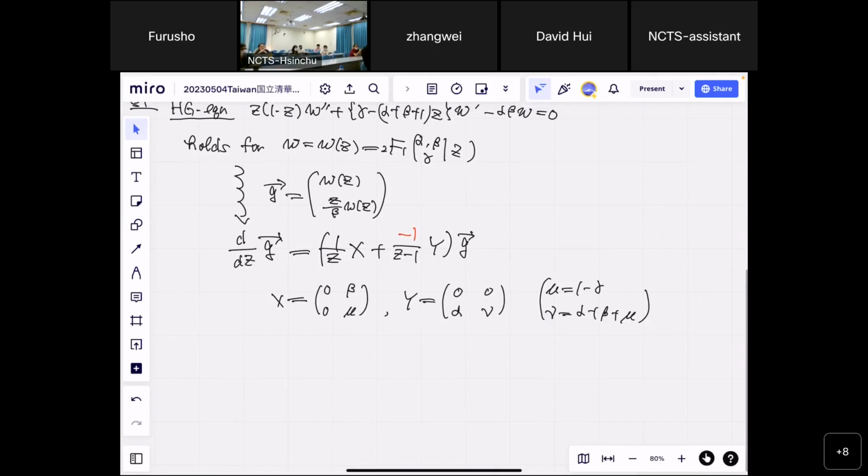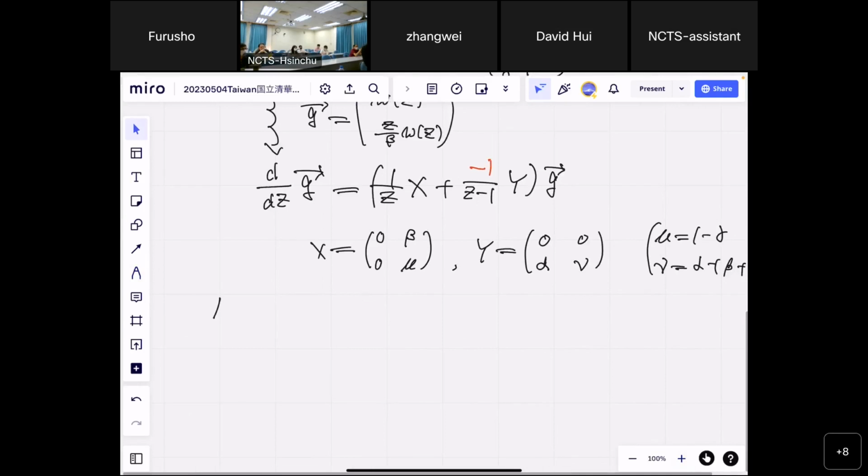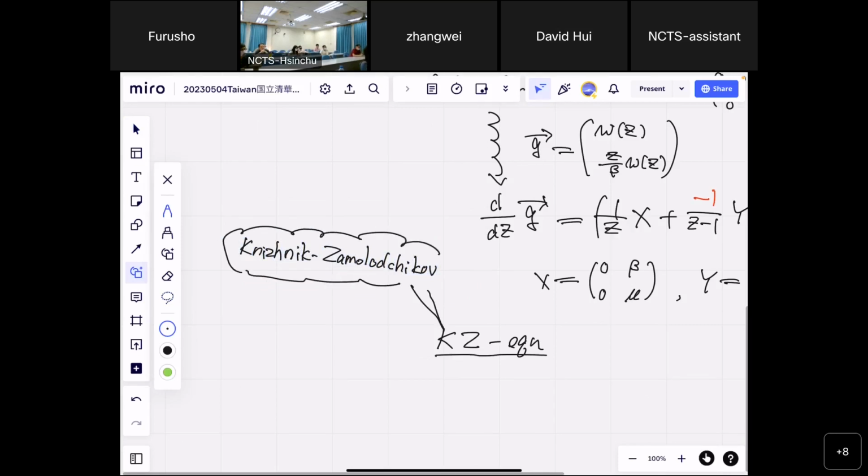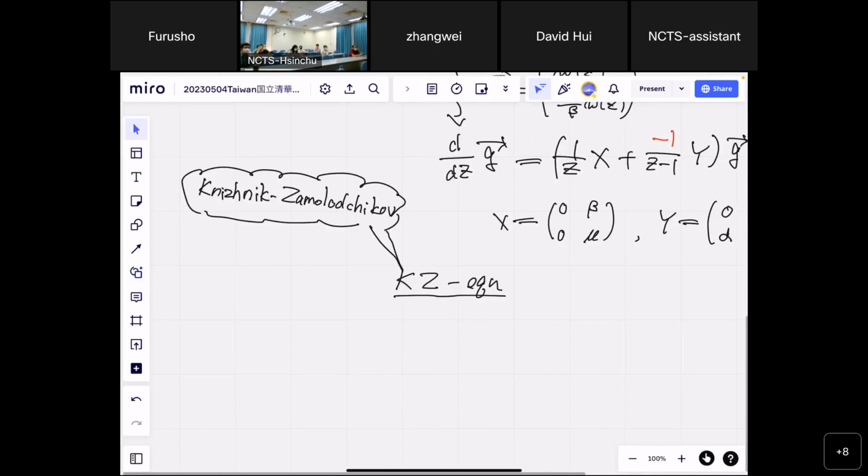I'd like to emphasize that this is closely related to the KZ equation. KZ equation means a differential equation which is studied mainly in conformal field theory.